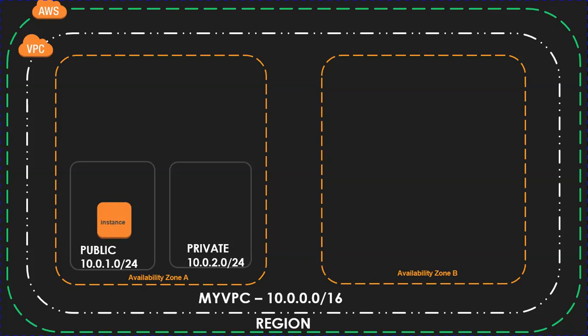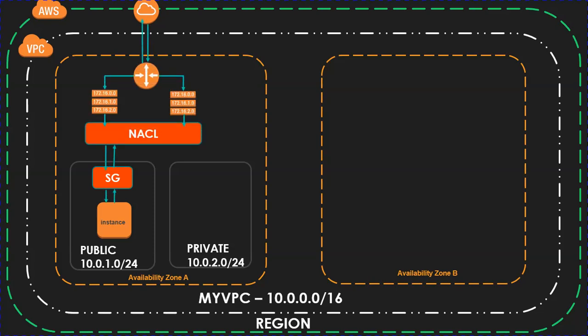Every instance you launch will have a security group, which is a virtual firewall. It's a stateful firewall. You will be learning about that, of course. And you will have an internet gateway. Through this internet gateway only, your instances will be able to communicate with the external world, and users from the external world can reach your instances.